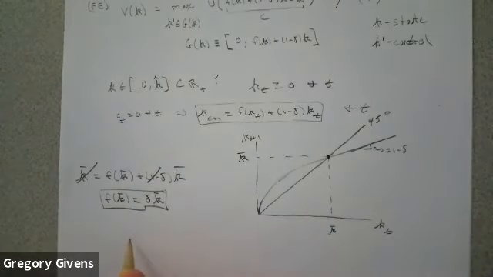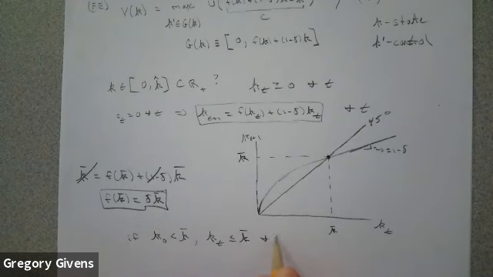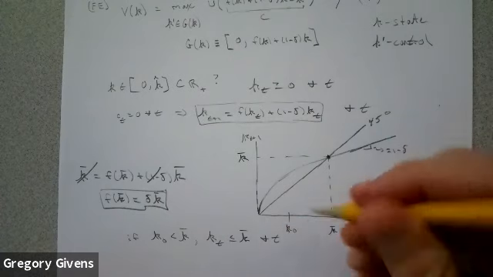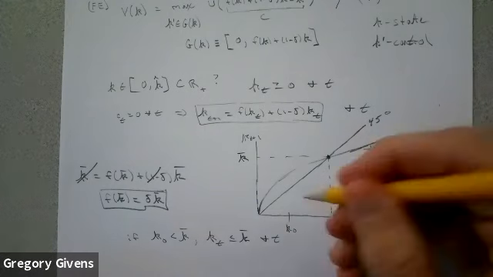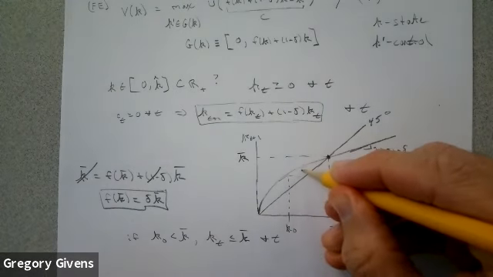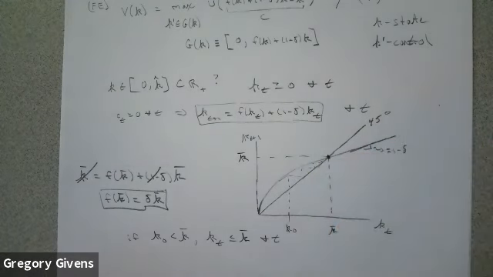What this means then is that if initial capital is less than K bar, K_t should be less than or equal to K bar for all t. If initial capital is somewhere less than K bar, it's never going to be the case that the capital stock is going to rise above K bar.